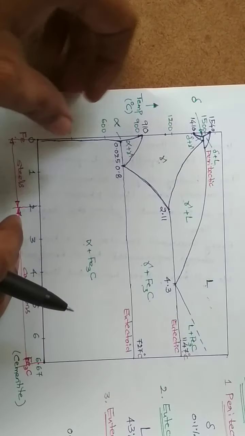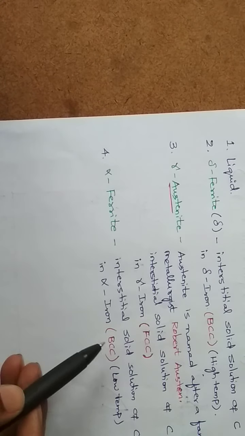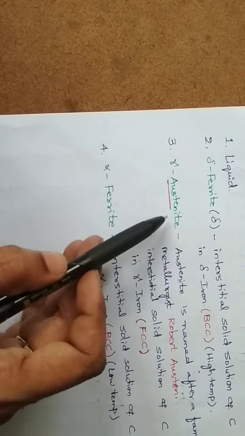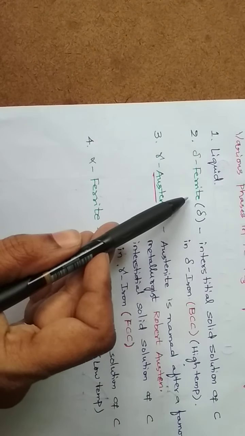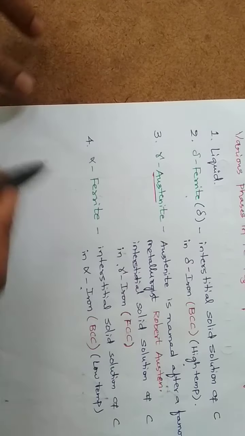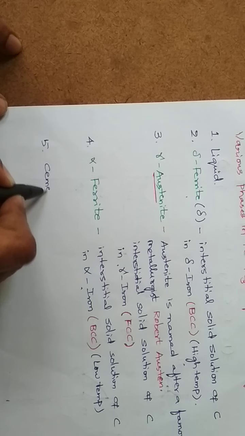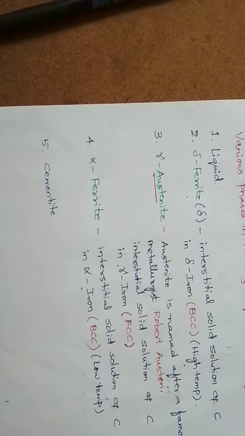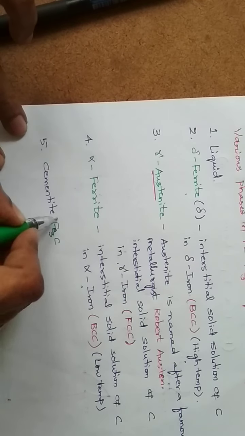Okay, so these are all alpha iron up to 910 degrees centigrade, gamma iron from 910 to 1410, and delta iron from 1410 to 1540. And the last one is your cementite. Your cementite is Fe3C.